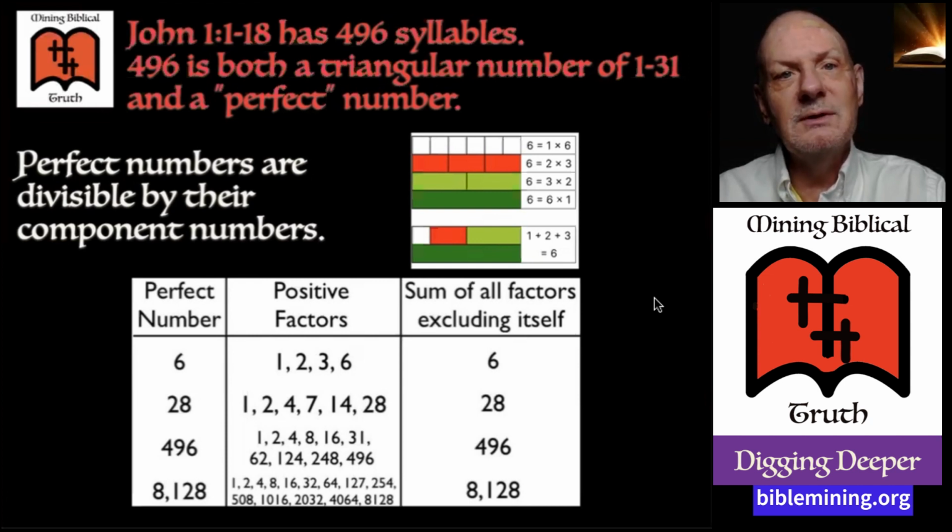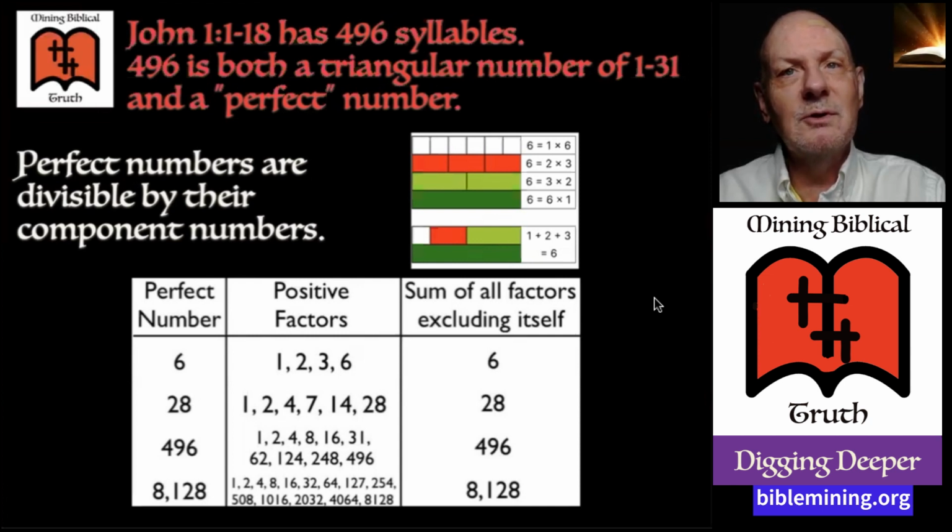The gap between the numbers keeps increasing exponentially. There's also a unique aspect shown here on the right, the sum of all factors excluding itself. That's how the triangular number is calculated.